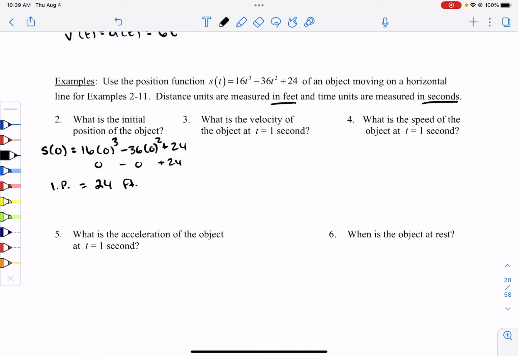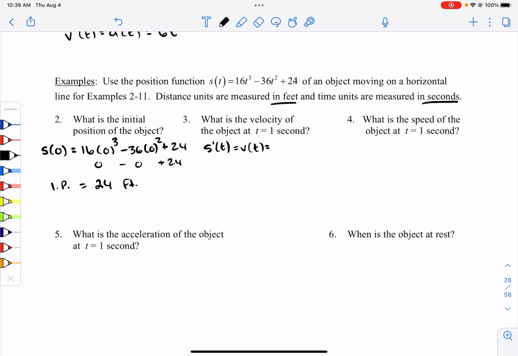All right, number 3. What is the velocity of the object at time t equals 1 second? So it wants me to find velocity. In order to find velocity, I need my velocity function, which is the derivative of my position function, right? So to find velocity, I'm going to take the derivative.